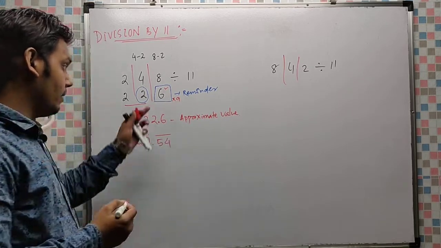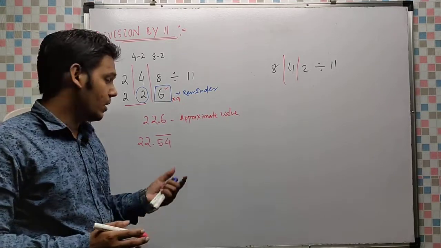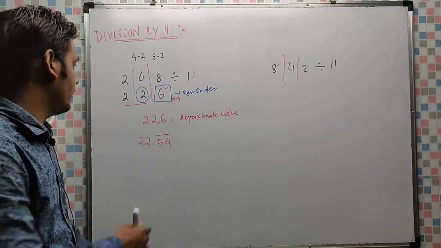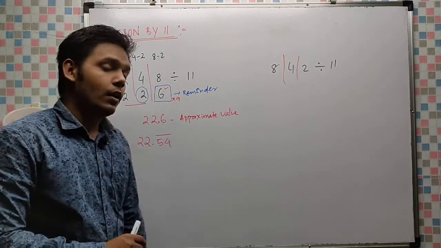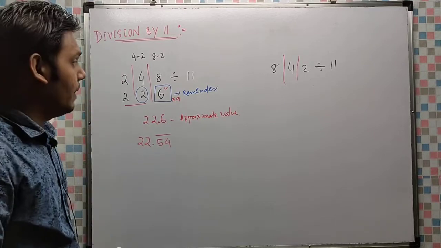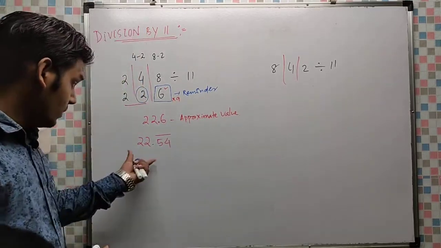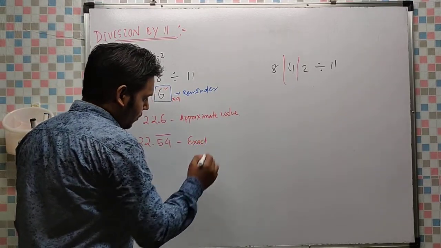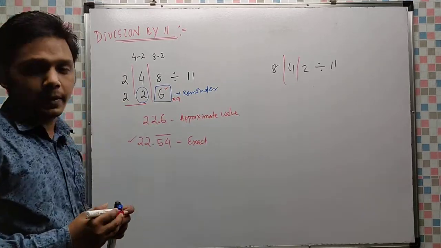If you are multiplying with the remainder, then you put a bar over it, because it will not terminate. Division by 11 gives a non-terminating decimal. So this is the exact answer, 22.54 bar.